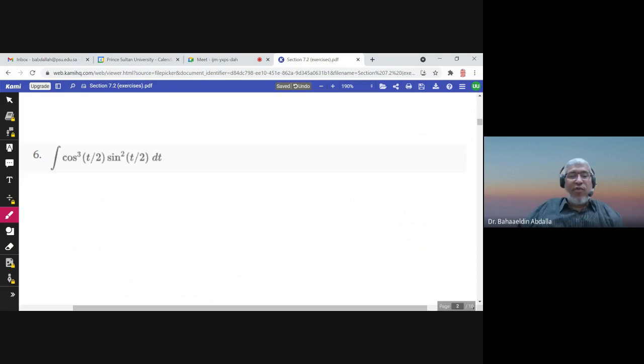What do we have now? We have cosine to the power 3. So if you have cosine to the power 3, you take u as sine. But here I have t to the power 2, so that's no problem. I'll take u as sine t over 2. Find du. The derivative of sine is cosine times the derivative, chain rule, times the derivative of this function, t over 2.